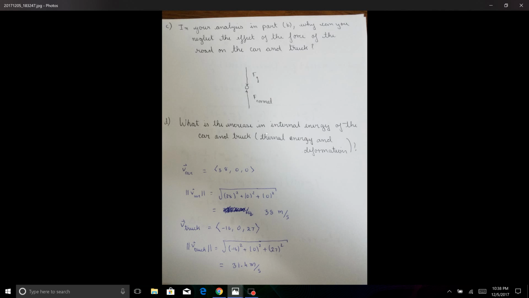First, I found the magnitude of that vector, which is 38 meters per second. I did the same for the truck, finding the magnitude of its velocity to be 31.4 meters per second.